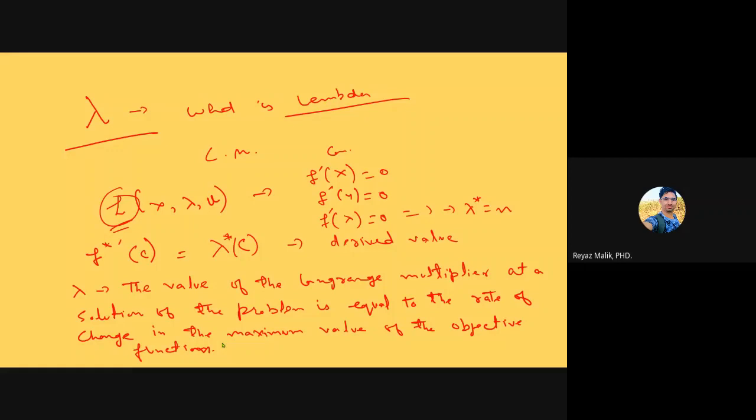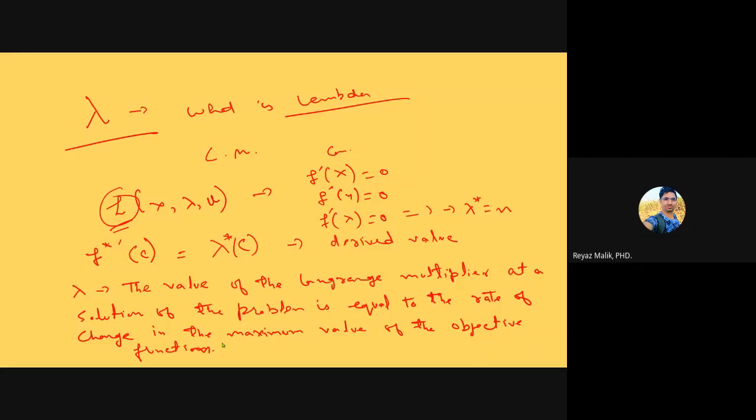Sometimes the definition depends on the function. Derivation is also the rate of change. Remember, this lambda will tell us how much one variable changes with respect to that lambda. The lambda means the value which is given by lambda.